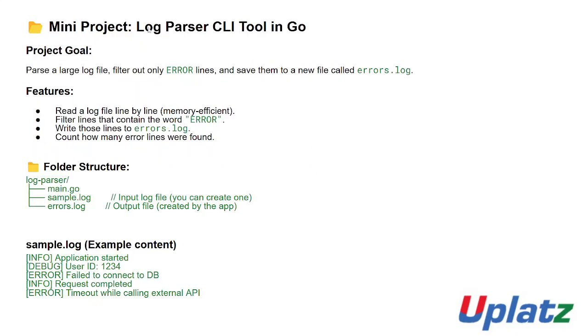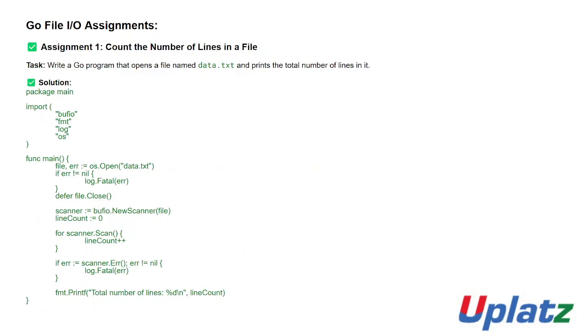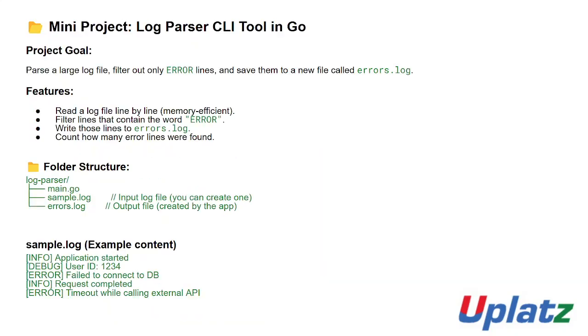Next, mini project: Log Parser CLI tool in Go. Okay, this is how to run. The project goal: parse a large log file, filter out only error lines, and save them to a new file called errors.log. Features: read a log file line by line, which is memory efficient.